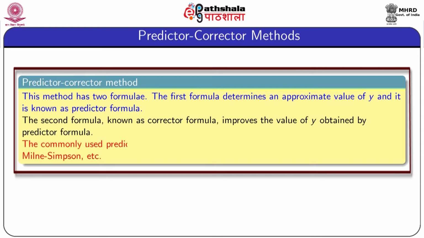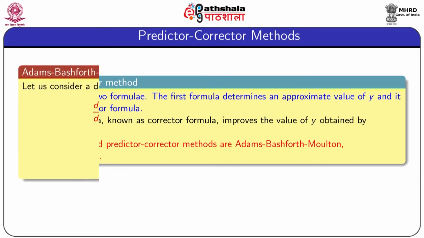So, these two formulas are used in the predictor-corrector method. The commonly used predictor-corrector methods are Adams-Bashforth-Moulton, Milne-Simpson and many others. In this module, we consider these two predictor-corrector methods to solve first order ordinary differential equations.